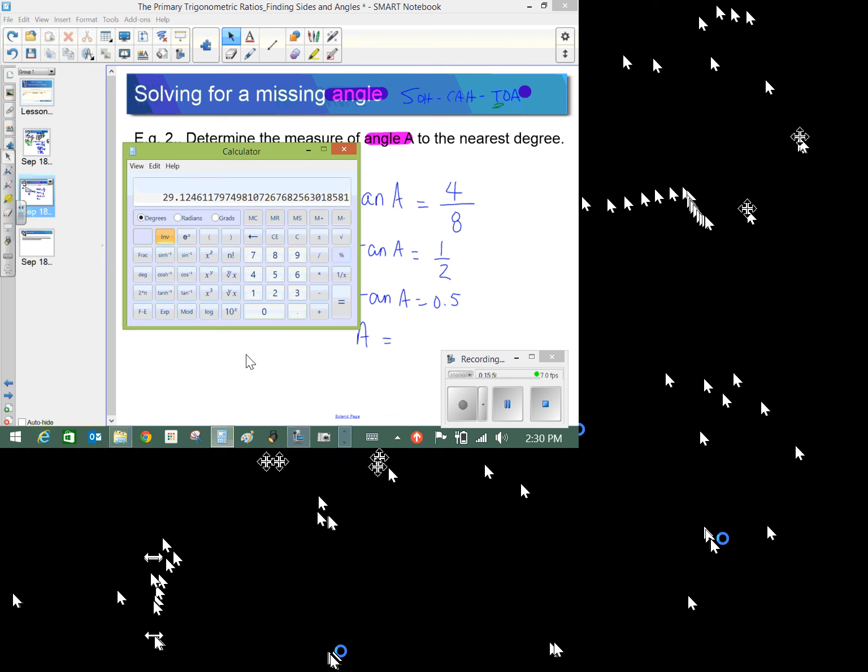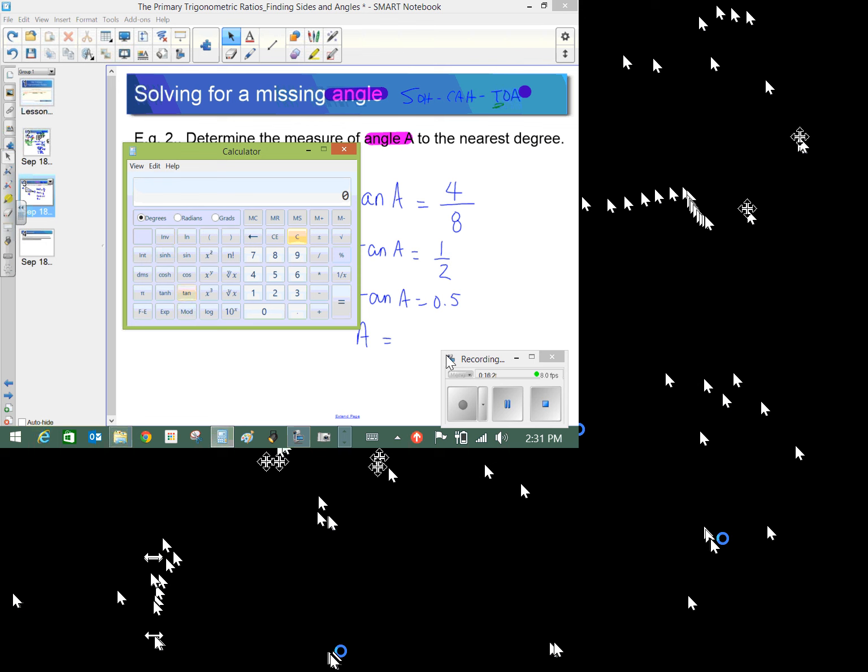And notice how you have, please disregard the output on the calculator, sine to the minus 1, cos to the minus 1, and tan to the minus 1. We usually don't say minus 1. We simply call them inverse sine, inverse cosine, and inverse tangent. So this will undo the impact of sine, cos, and tan.